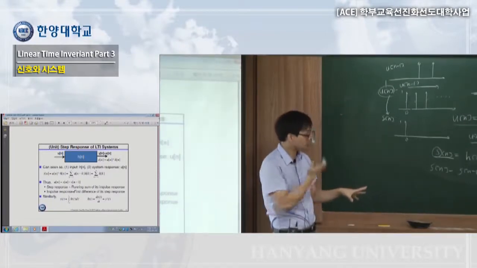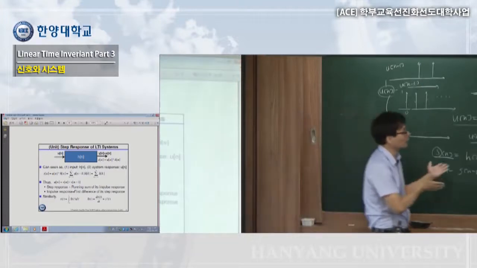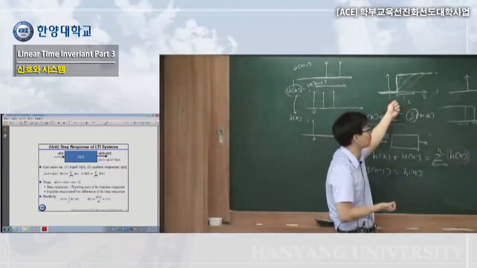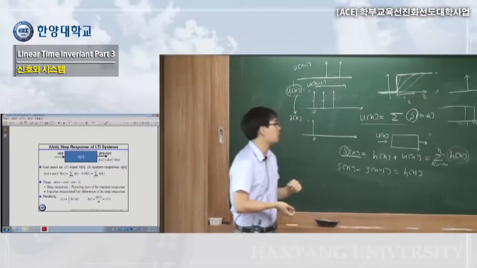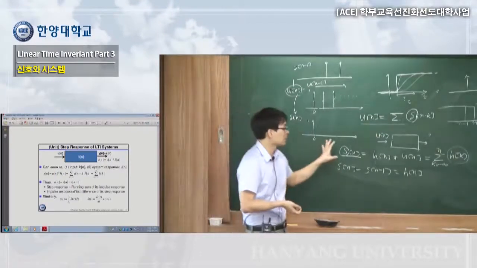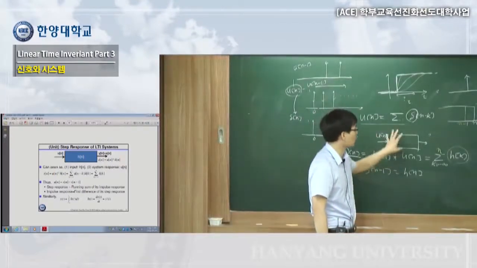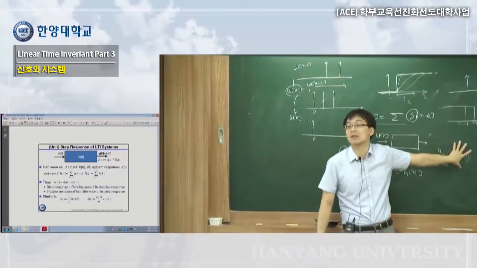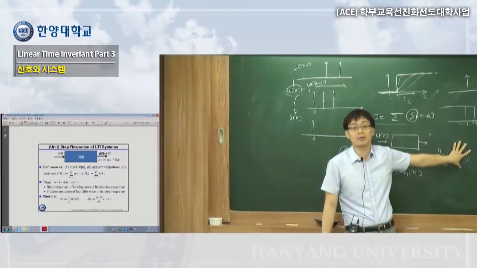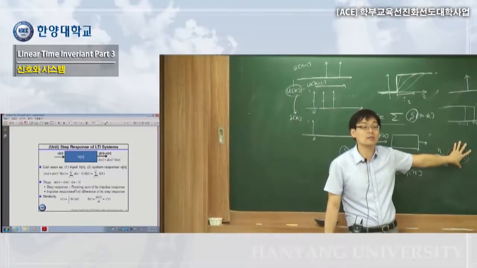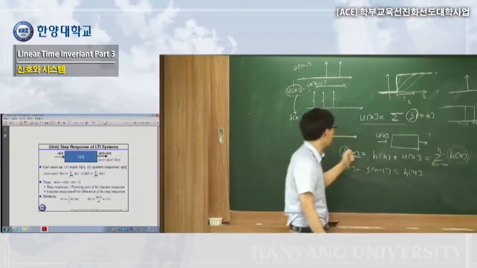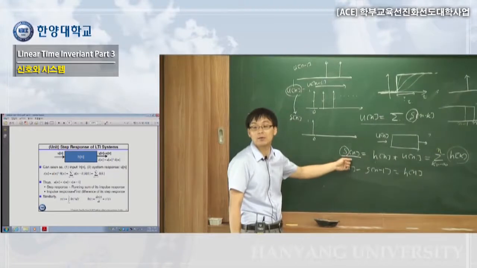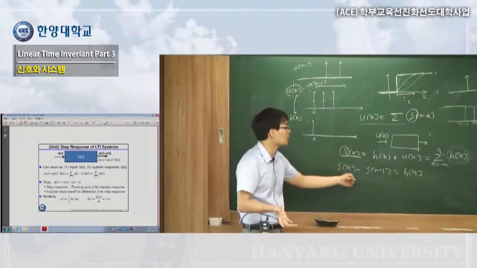And now, to get another general form of the system input, which is the unit function, we now consider only the system itself. This H is the system itself. We don't care about the input. If we know the system itself, we can calculate the output, and if the input is the unit function, we can find the system response.